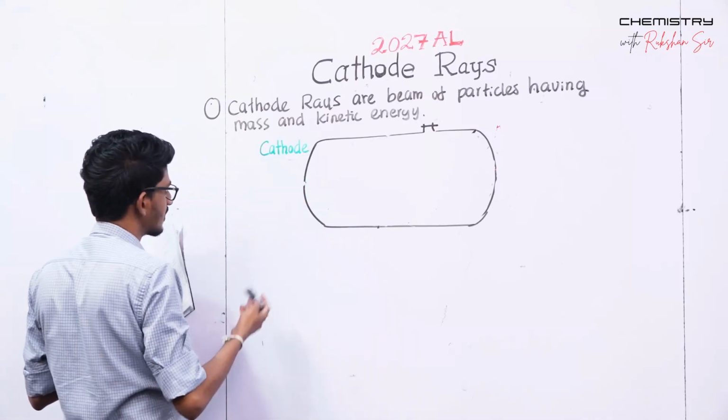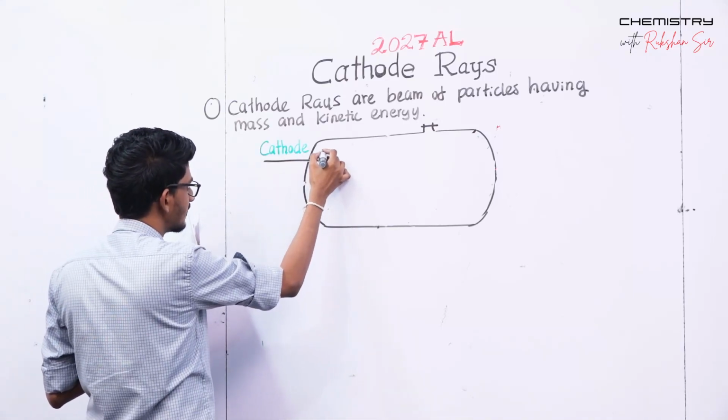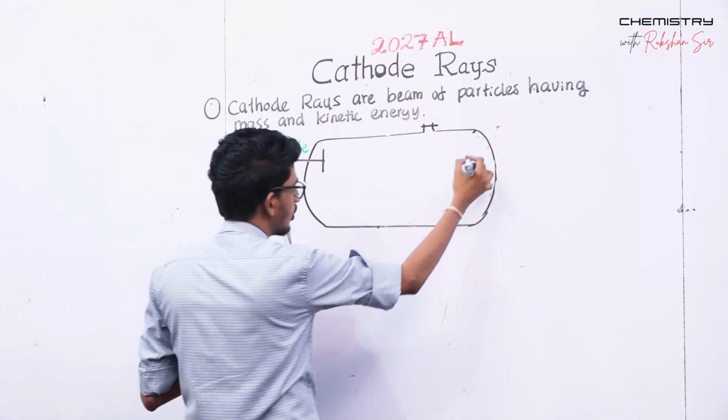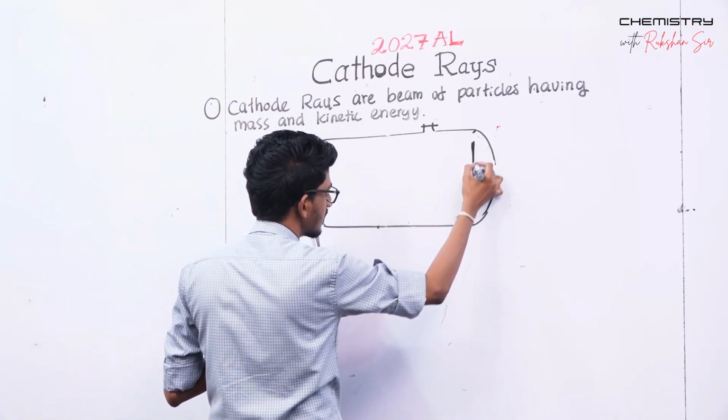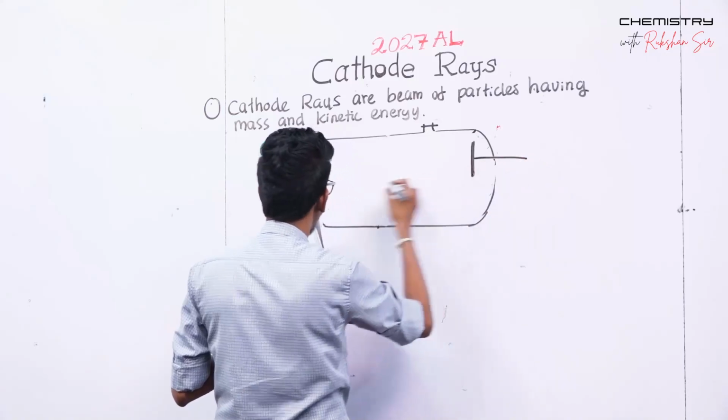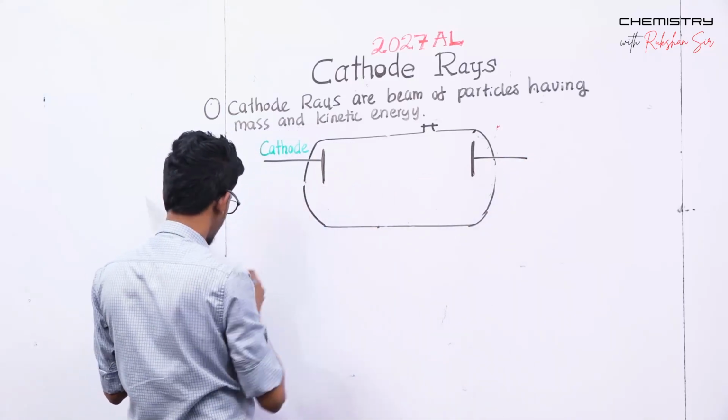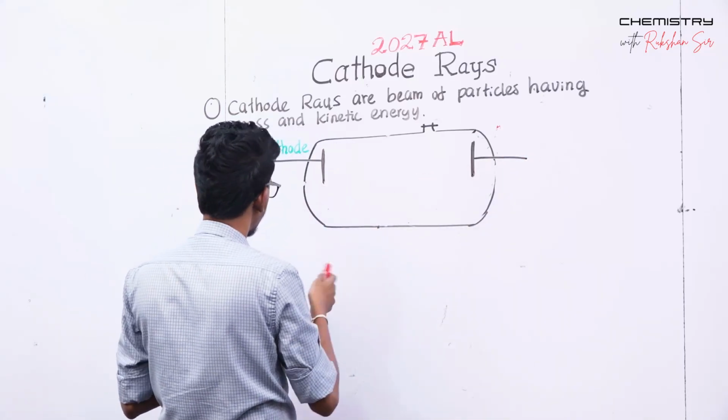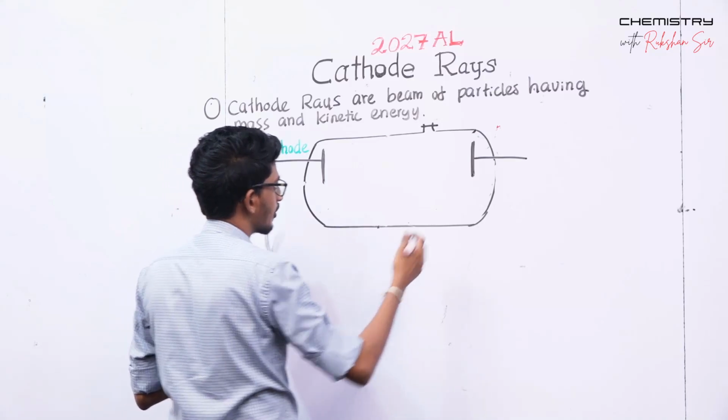You have the cathode here, your negative terminal, and your anode there, your positive terminal.